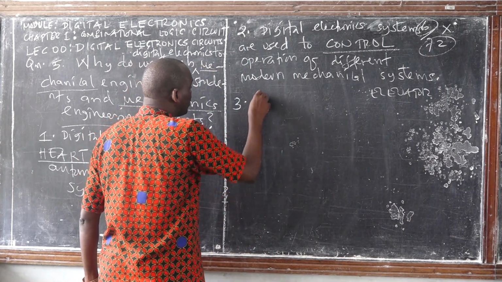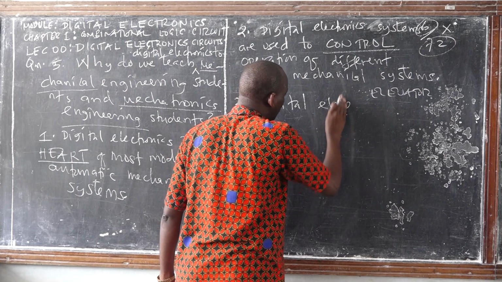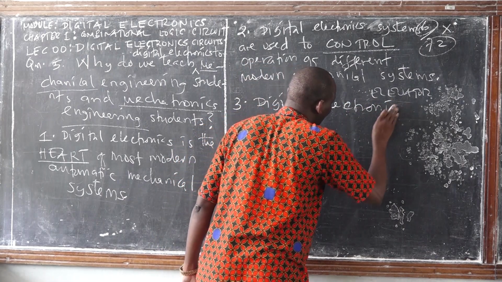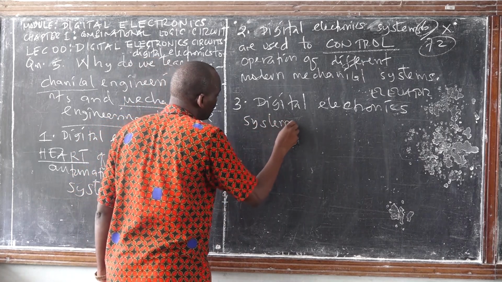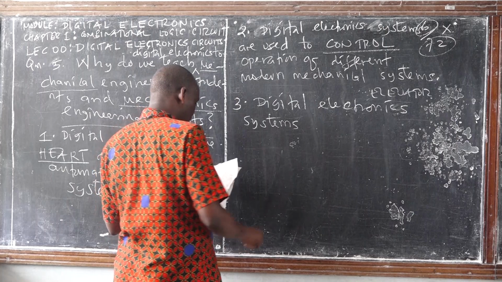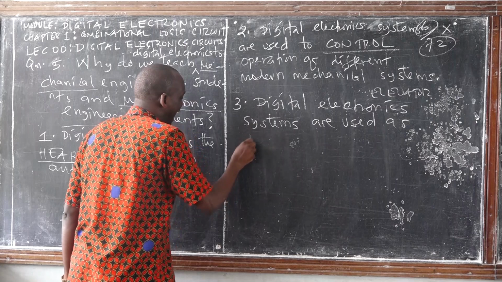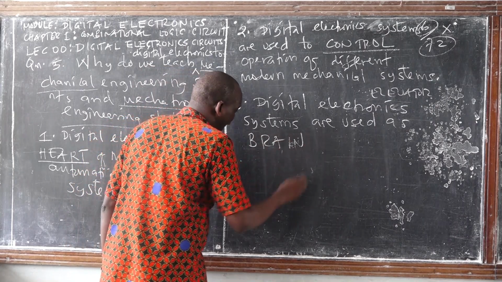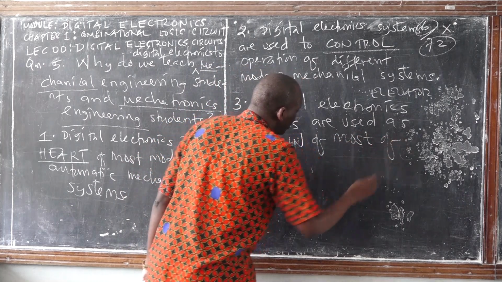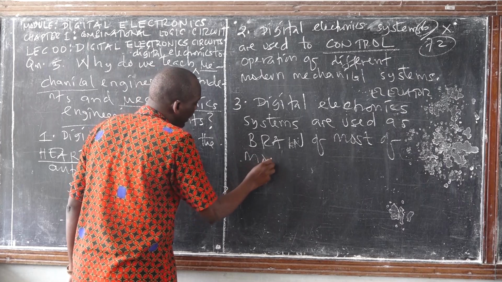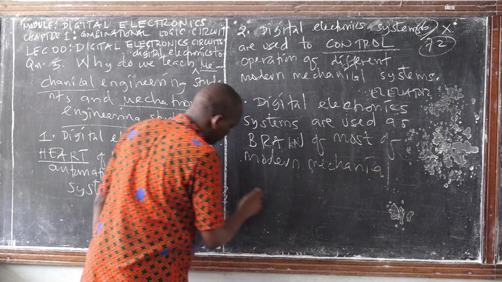Then number 3, the reasons. We said that digital electronic systems are used as the brain of most modern mechanical systems.